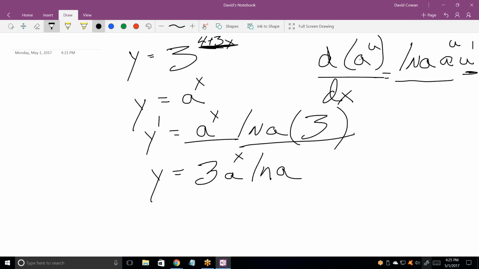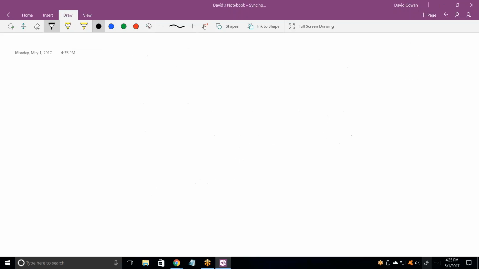I'm not taking the natural log of 3a; I'm taking the natural log of a times the number 3. So I'm going to put the 3 in front. So that is the final answer? That's the final answer, yes.